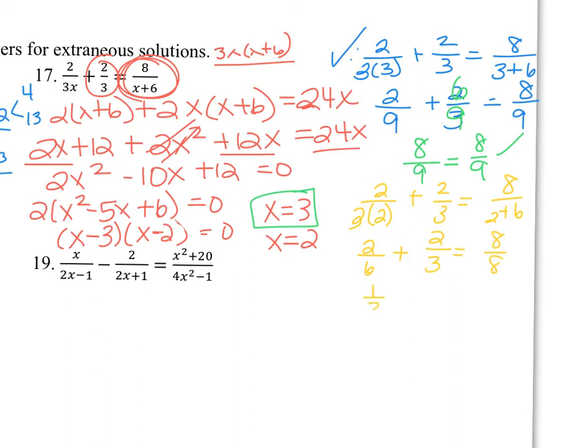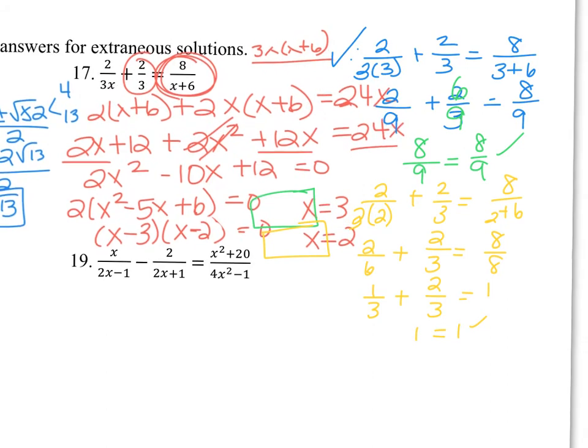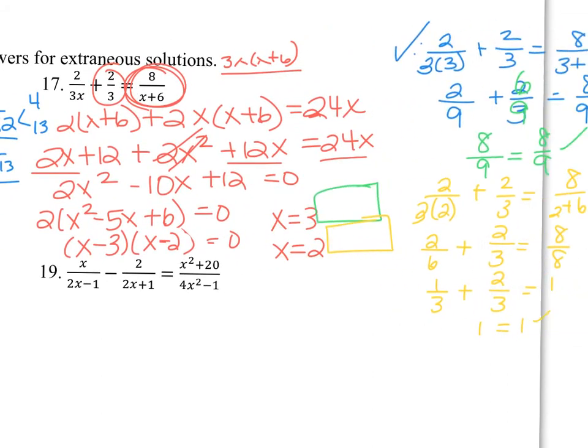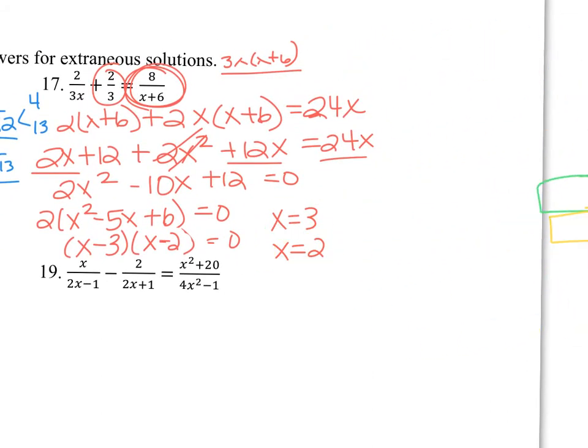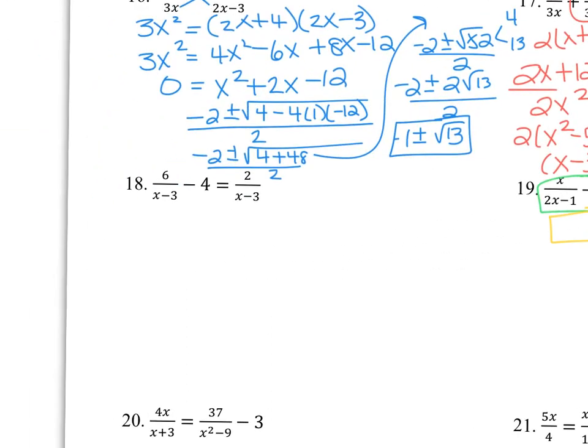So 2/6 is 1/3 plus 2/3 equals 1. So 3/3 is 1 equals 1. That's right. And that was a typo on my answer key. I said that was not a solution, but it clearly is. I didn't add correctly on my last one. So now technology is not agreeing with me. Let's go over here.